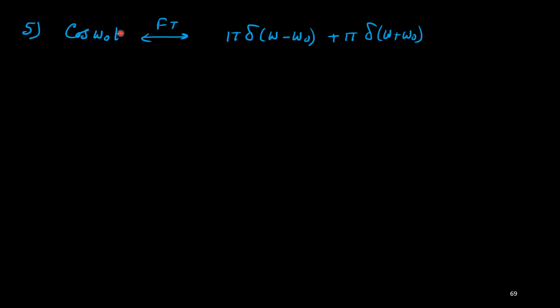Now if I consider cos omega naught t, this is a periodic signal, so already I've said that for a periodic signal we should get delta functions. Its Fourier transform will be pi times delta of omega minus omega naught plus pi times delta of omega plus omega naught. One is located at omega equal to omega naught, the other delta is located at omega equals minus omega naught.